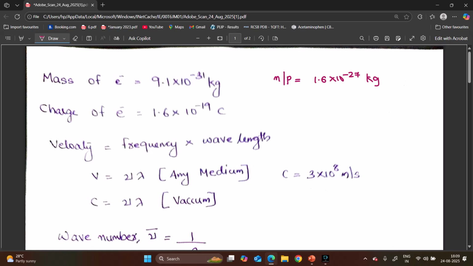The mass of a neutron or proton is 1.6 into 10 raised to minus 27 kilogram. That means neutrons and protons are almost 10 raised to 4 times heavier than the mass of the electron.